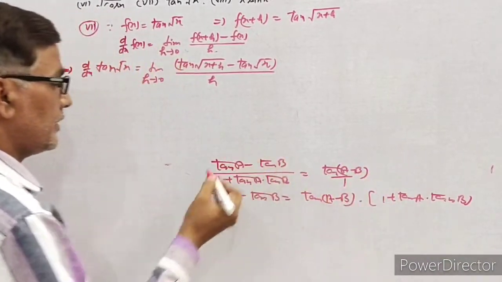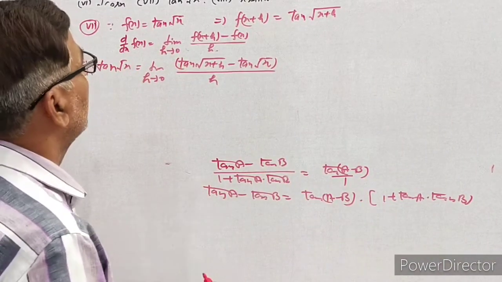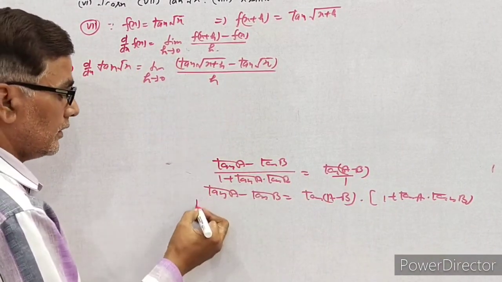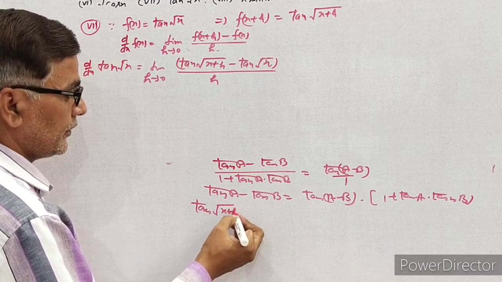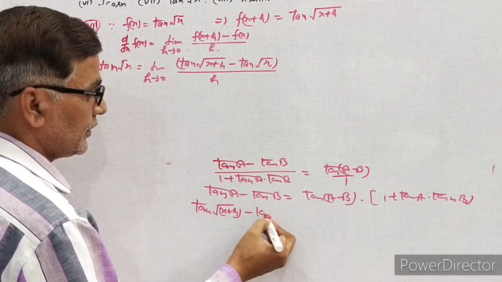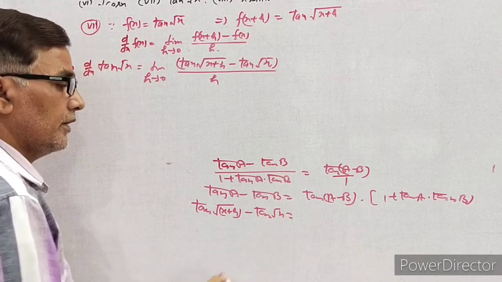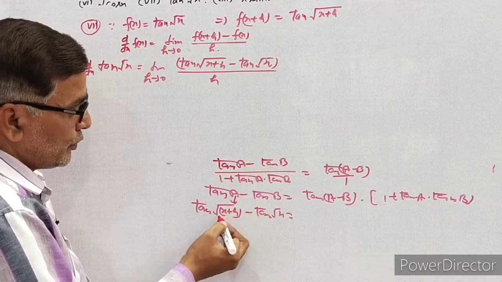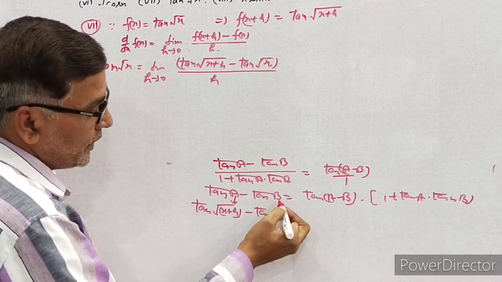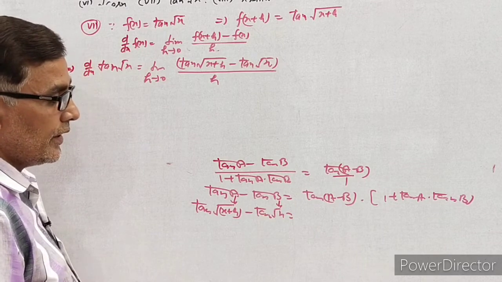Now using this relation for tan a minus tan b, we can write tan root of (x plus h) minus tan of root x is equal to, now you can see that a corresponds to root of (x plus h) and b corresponds to root x.